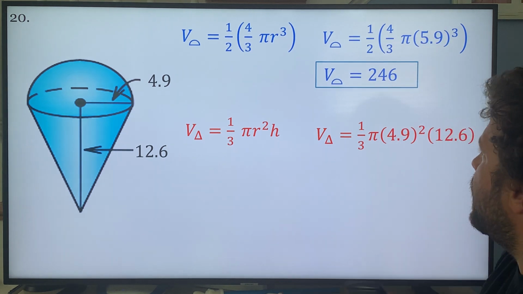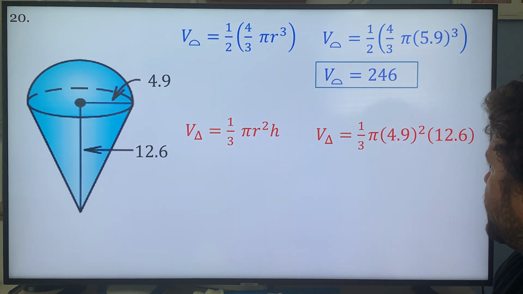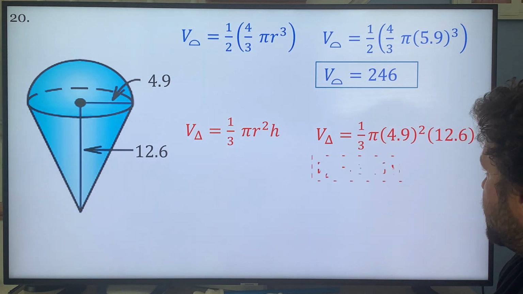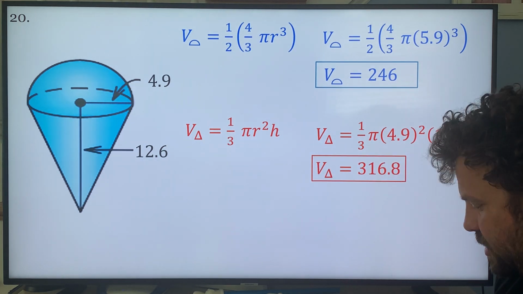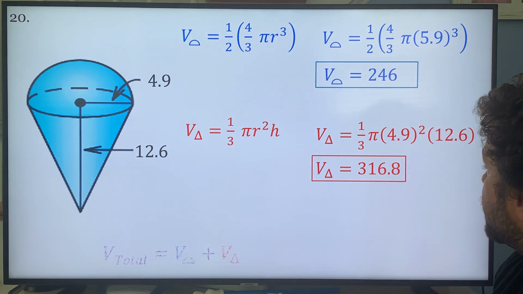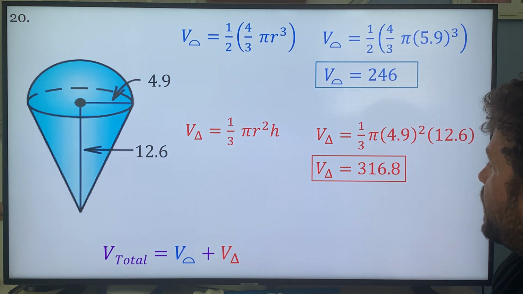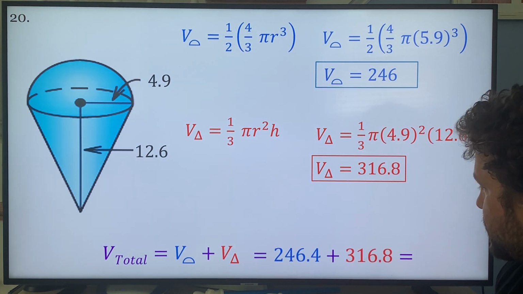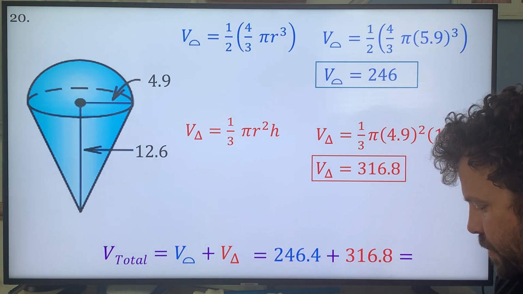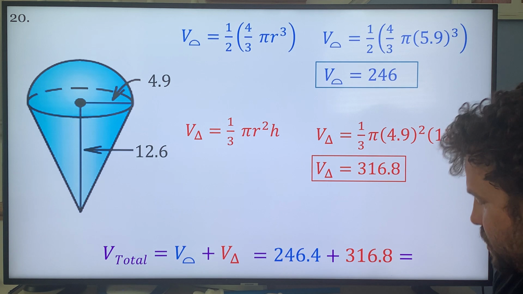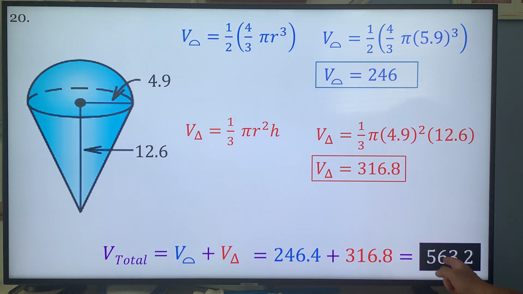That's the wrong number right there. Pi times 4.9 squared times 12.6 gives you 316. When you add the two numbers, 246 plus 316.8, as an answer, you get 563.2.